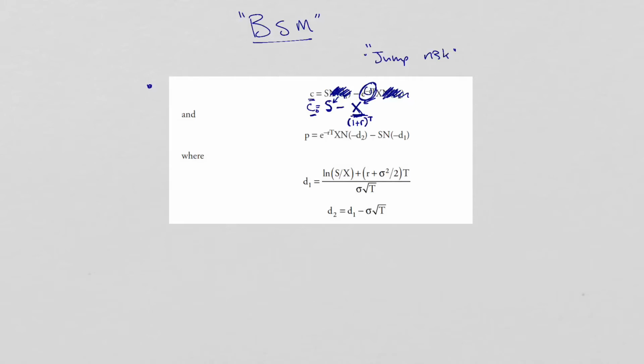Because of this minus r here, this thing is exactly the same as rewriting it like this, putting it on the denominator. If you're familiar with the present value formula, this is how we discount some dollars in the future. We discount it by some interest rate r for that time period t.